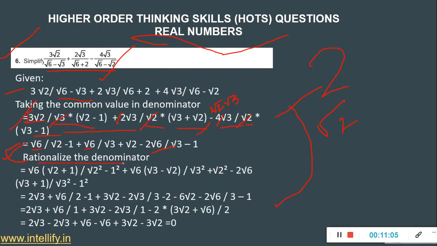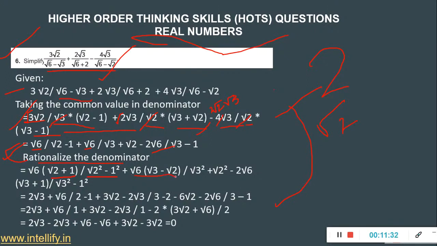Rationalize the denominator. Again, as we have discussed in our previous class, in rationalizing, the positive or negative sign in the denominator changes to the opposite sign in the numerator factor. Here it is root 2 plus 1, it will become root 2 minus 1, and it gets multiplied and divided.